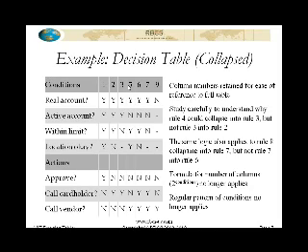Okay, so we got 3 and 4 collapsed into each other, but now how about 2 and 3? Couldn't we collapse 2 and 3 together? Because after all, they share the same set of actions. And couldn't we just put a don't care here and replace that with a don't care? And wouldn't that be okay?